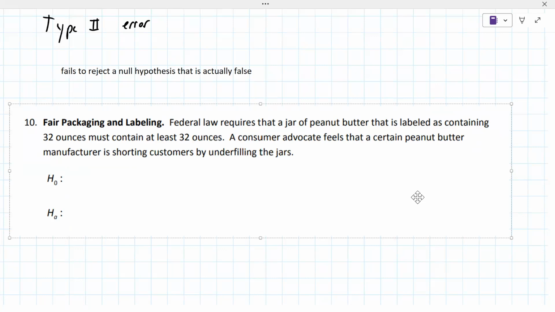Okay. So at least. Mu. So for the null, it'd be mu equals 32.